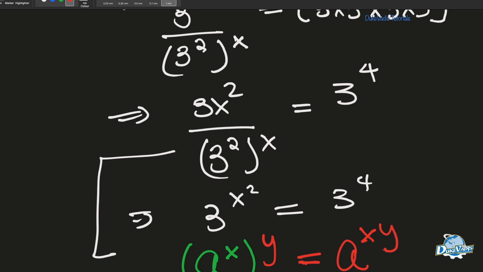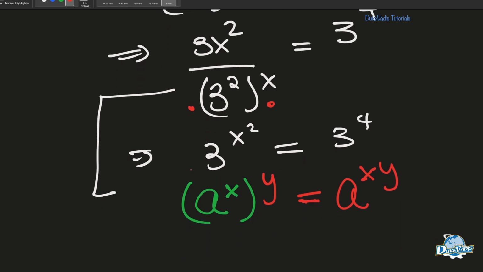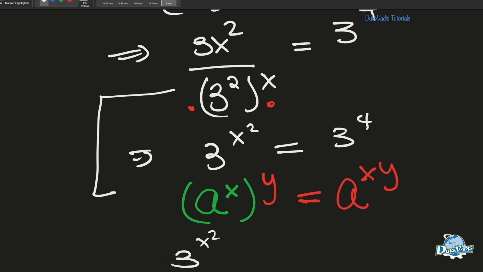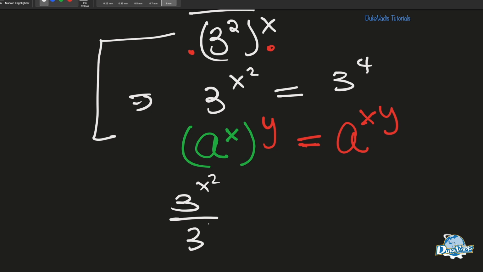So we are going to apply this to this very part of the equation. So by so doing, let's go back. We have 3 raised to the power x squared divided by 3 raised to the power 2x is equal to 3 raised to the power 4.